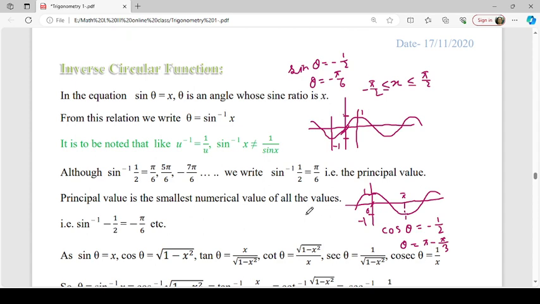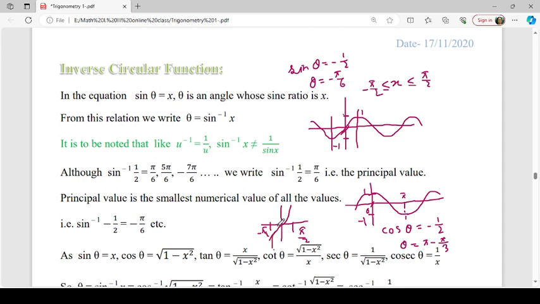Similarly, in the case of tan we consider the interval in between, because the tangent curve is like this. This is pi by 2, this is minus pi by 2, and it goes to infinity here.